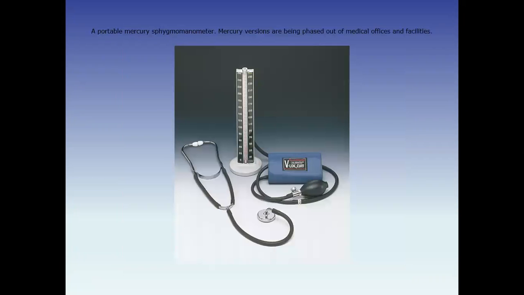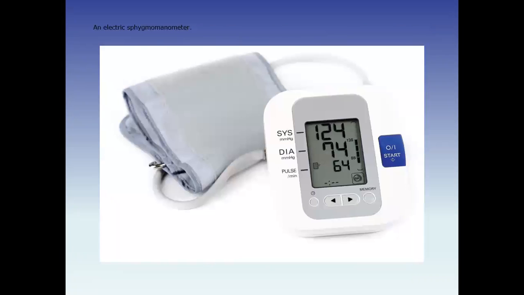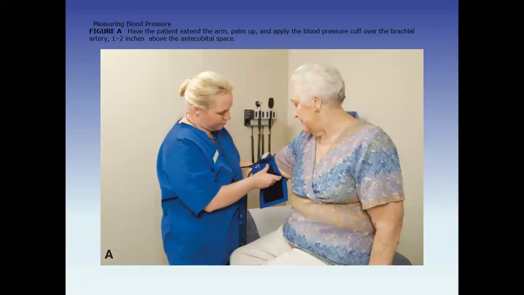These are different types of equipment you'll need when taking their blood pressure: you need the stethoscope and the different types. And this is another one, the electric one, which also takes their blood pressure. It tells you the pulse right here, and how much blood pressure they have.